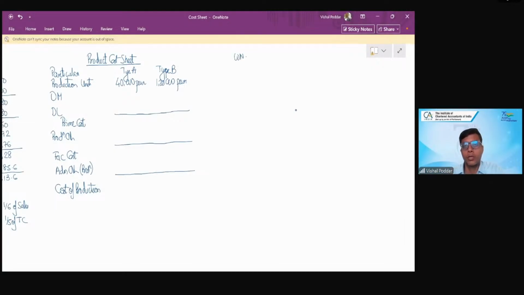So working note 1, calculation of direct material cost. Now here the language plays the key role.